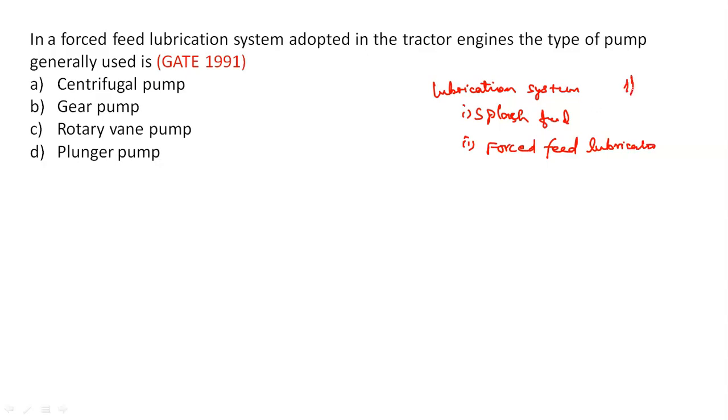In splash system, there is one connecting rod which gets deeper in the oil, so the engine parts can be lubricated through this. In forced feed lubrication system, we can use the gear pump. So option B is the correct answer. So centrifugal pump not, rotary pump not, plunger pump no.